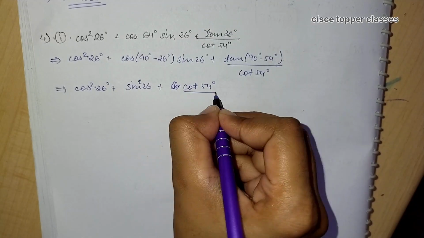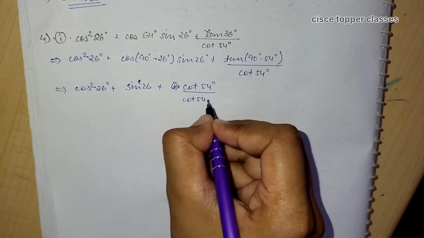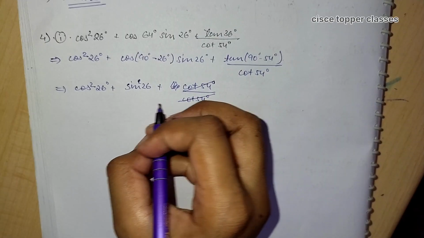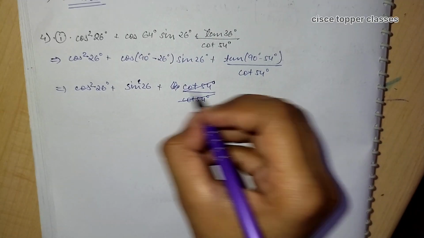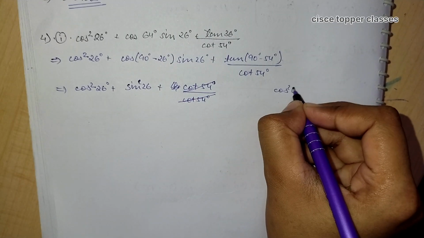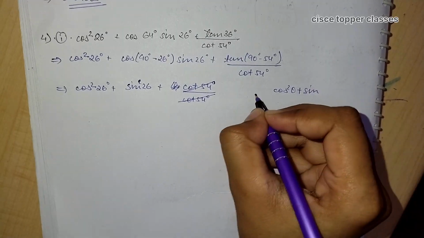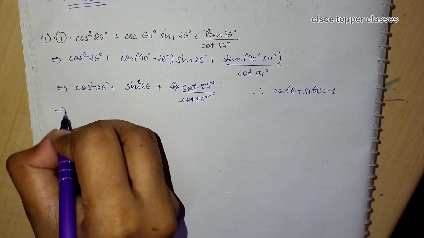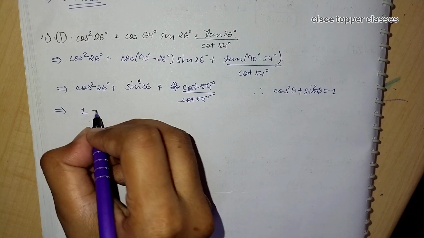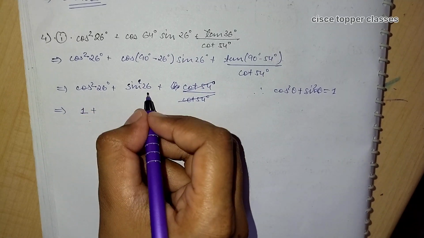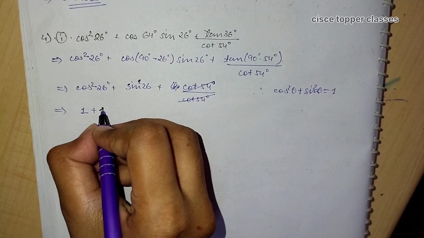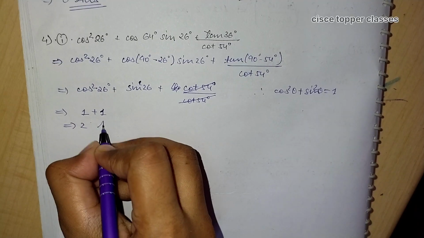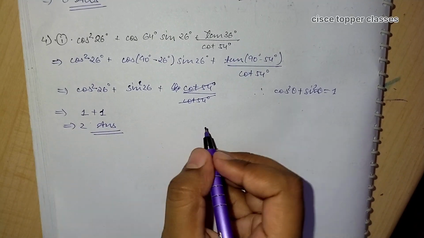So cot 54 degree divided by cot 54 degree will be cancelled out, and we know that cos square theta plus sin square theta is an identity equal to 1 here. Means we can put the value 1, because cos square theta plus sin square theta plus 1 here. So 2 is the final answer in question number 4 first part.